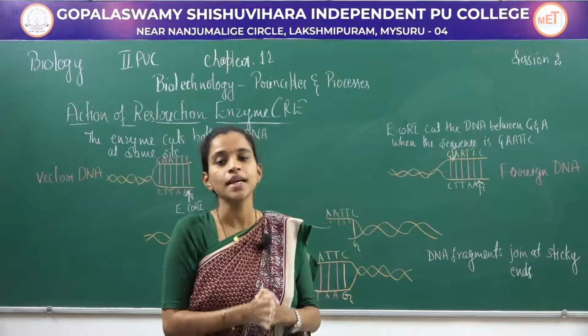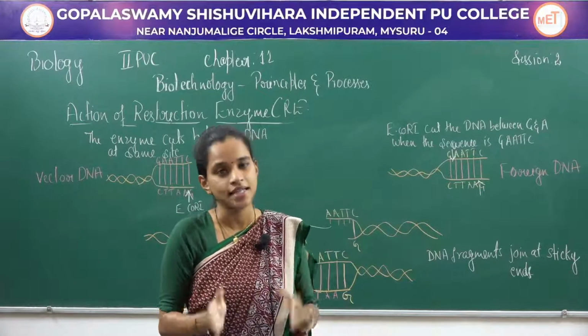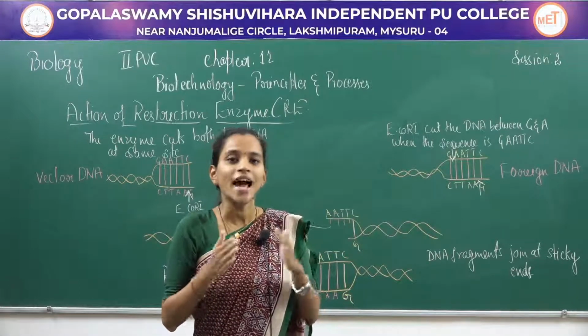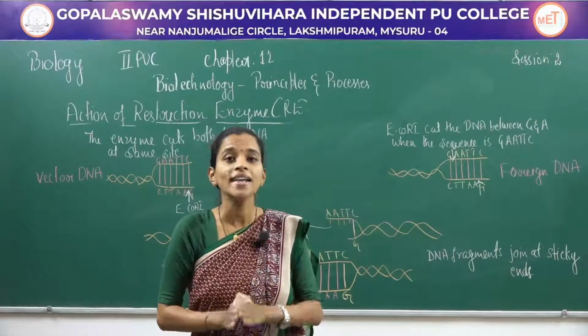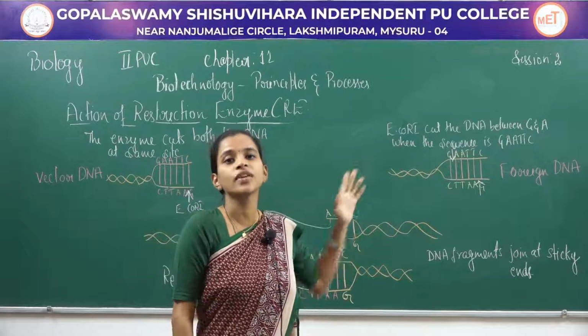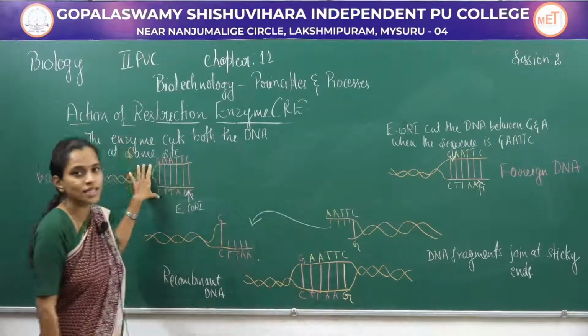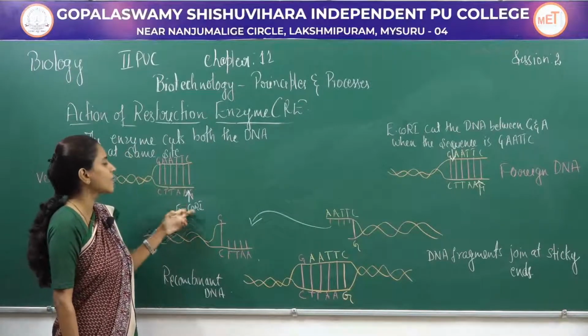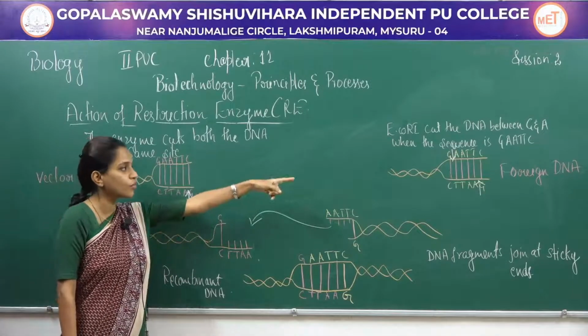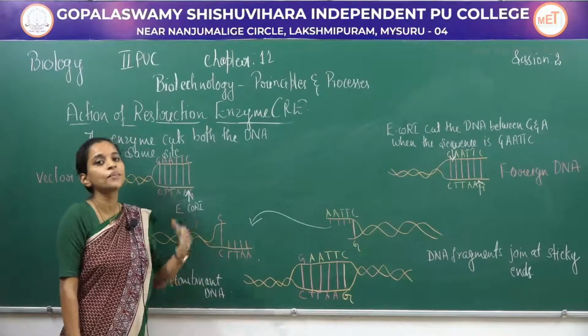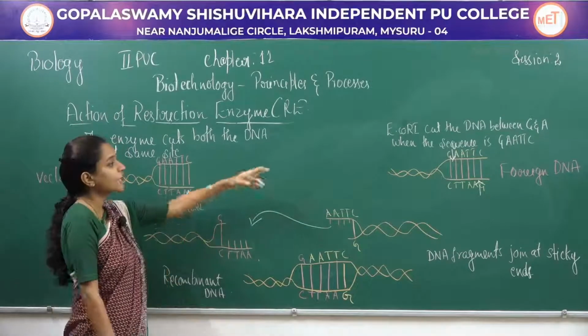That sequence will be GAA-TTC, where E. coli acts between guanine and adenosine. Now in the first step you can see that we have applied the E. coli on both foreign and vector DNA, where the GAA sequence will be destroyed and the action of this E.